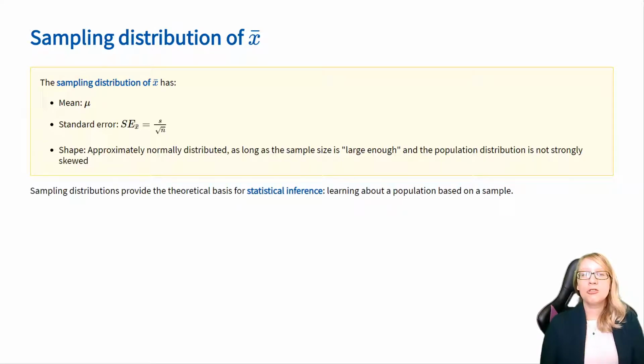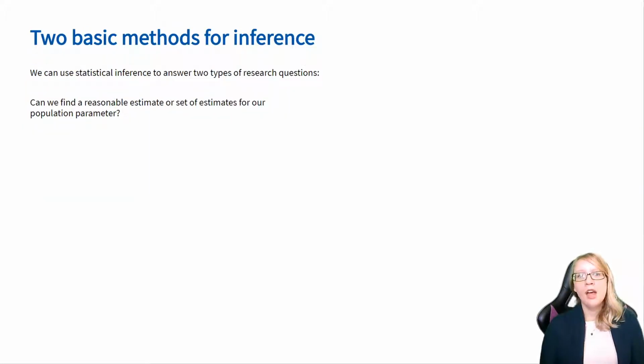The sampling distribution provides the theoretical basis for statistical inference. It gives us some theory that we can use to help us learn about a population from a sample. Now, there are two basic methods for inference that we'll learn about in this class. The first type of question that we might want to answer related to a sample is whether or not we can find a reasonable estimate or a reasonable set or range of estimates for our population parameter.